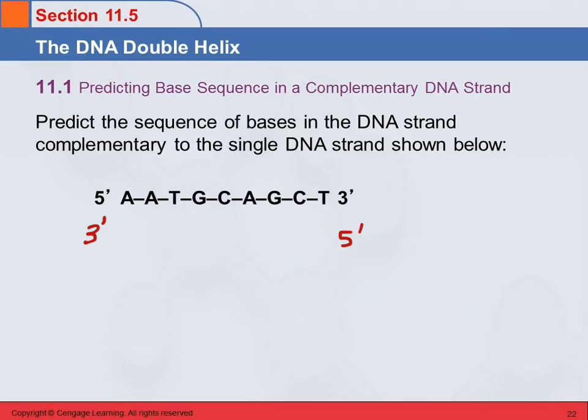So what base pairs with A? T. So there's going to be a T first at the 3' end, and then what's next? Another T. Because the A and the T are going to hydrogen bond well together.